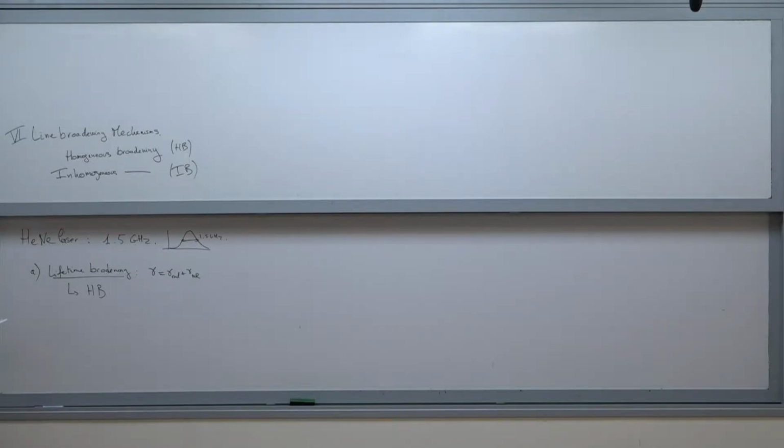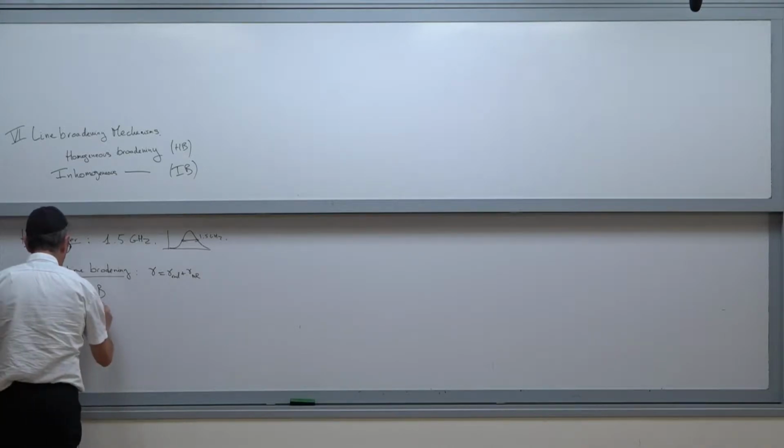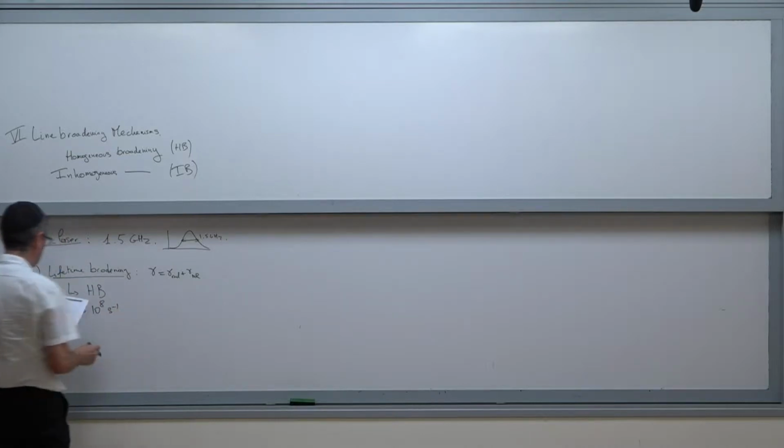So typically for the HeNe laser, gamma radiative is about 10 to the power 8 per second, or hertz.